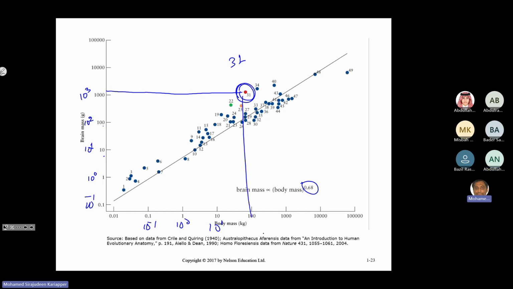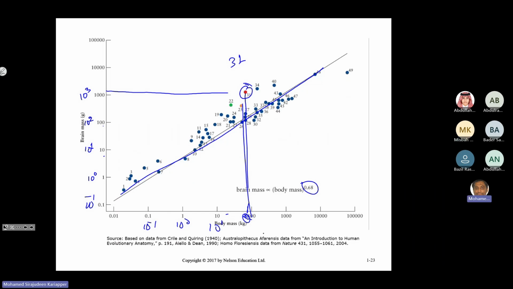Meaning he has more brain mass than the average line here, for the given body mass, somewhere around 80 kilogram, between 10 and 100. How can you guess who that is? Which species has a brain mass relatively higher compared to the body mass, compared to other species of animals? Humans. Homo sapiens. Yeah.